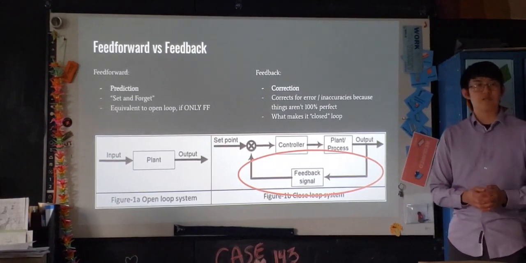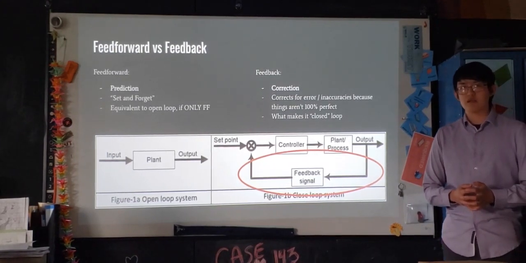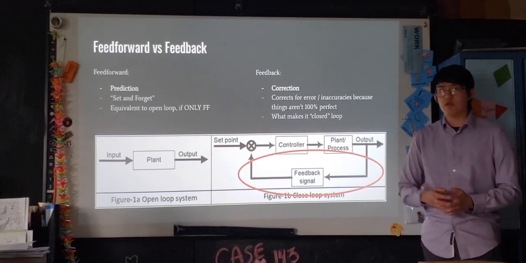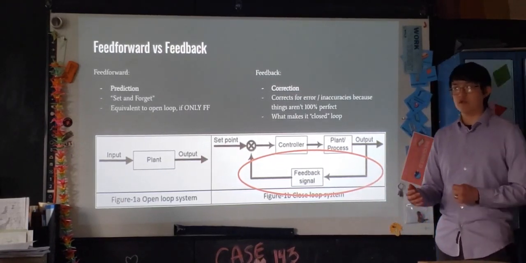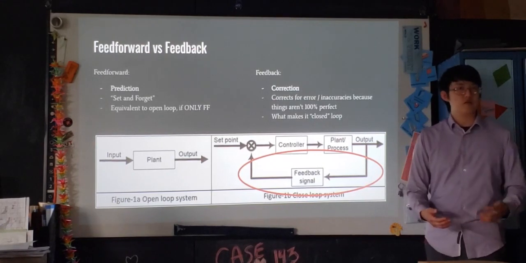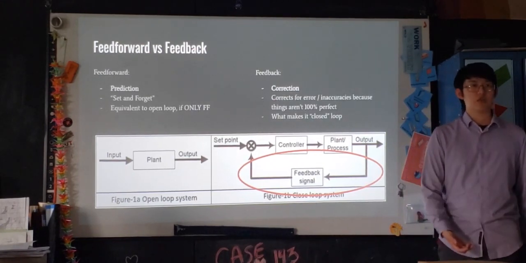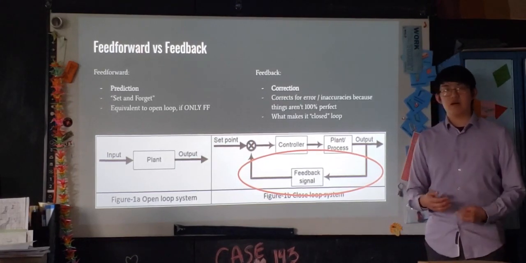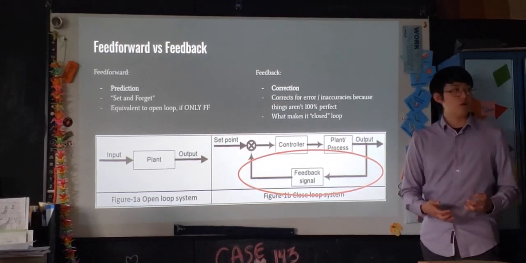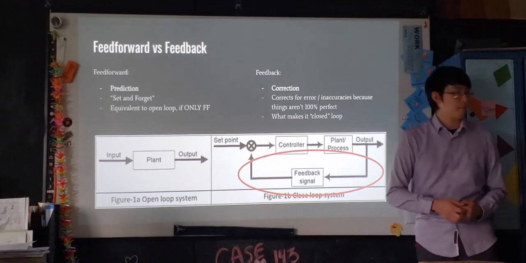So that's why I say it's a prediction algorithm, because you tell it what set point you want it to reach, and it will run its algorithm and try to predict how much voltage is needed. And that's based on some theoretical calculations. Things don't always go perfectly.